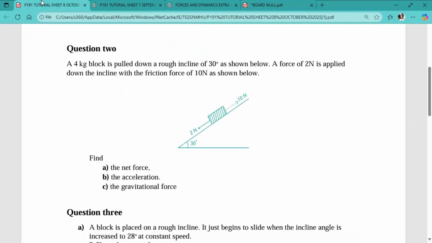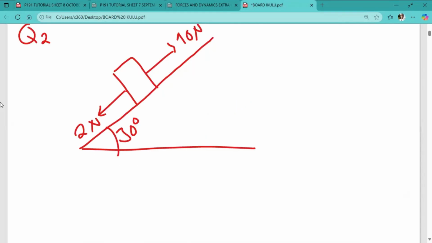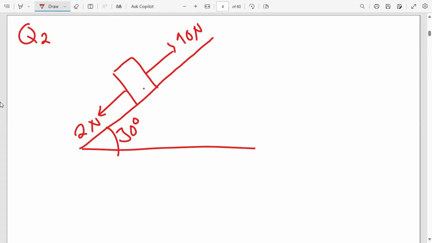What else have we been given? They've given us that the block is of mass 4 kilograms. So if the block is of mass 4 kilograms, that means there is weight acting on this particular object, and weight is pointing vertically downwards. So we have our mg there, but since this is an incline, we're going to resolve these forces. This is also equal to 30 degrees.